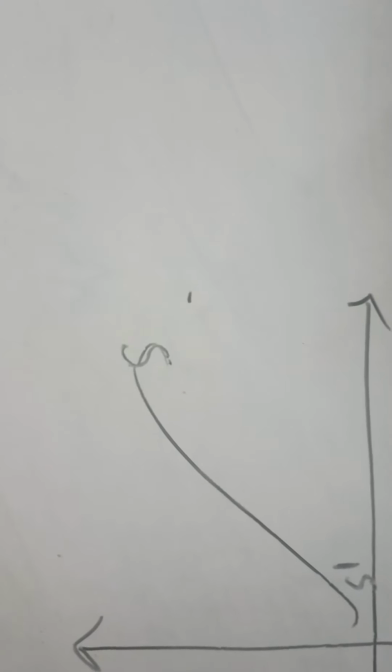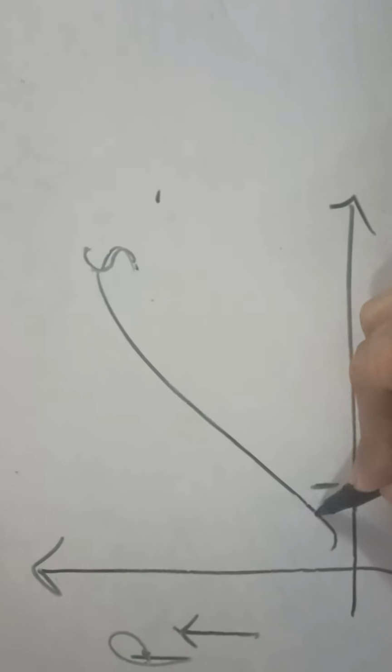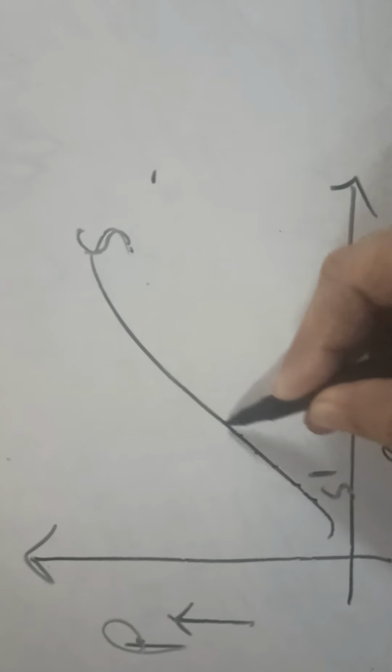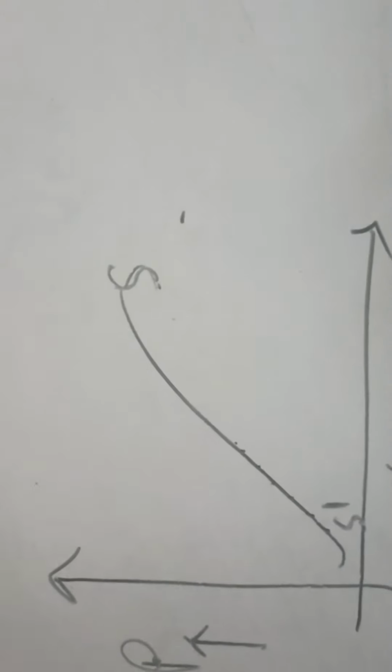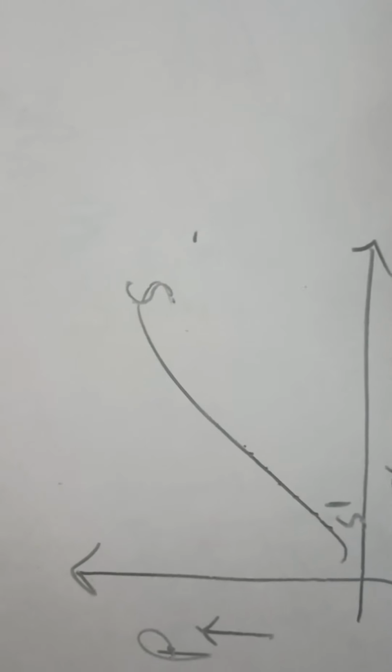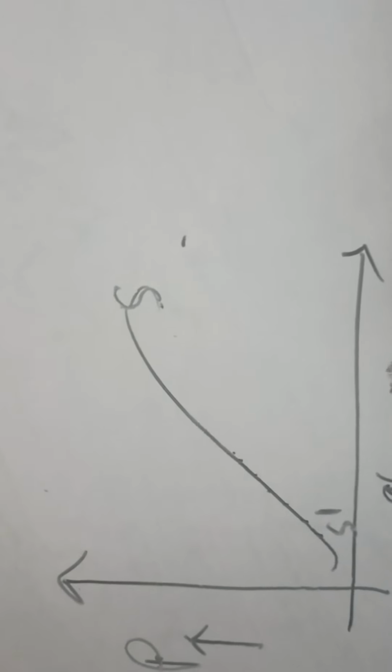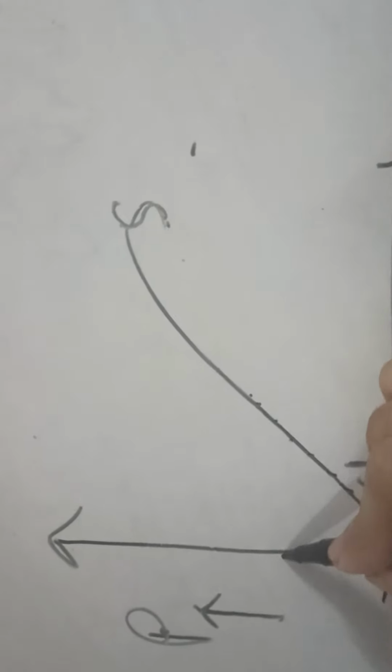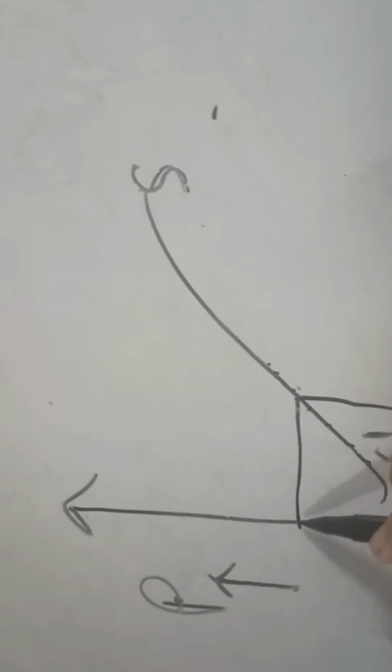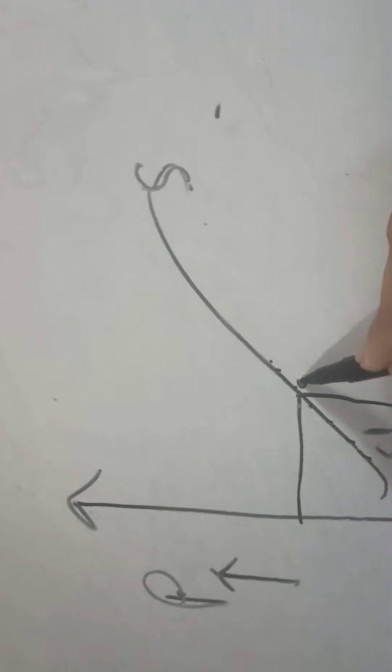Any point in this supply curve represents a combination of price and quantity supplied. Say at this particular point A, we are getting P1 price and Q1 quantity supplied.